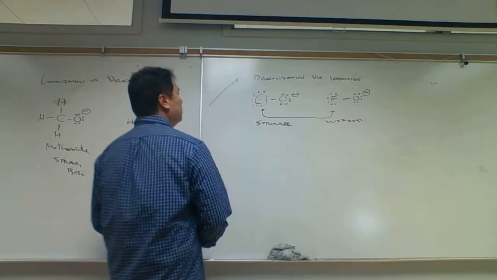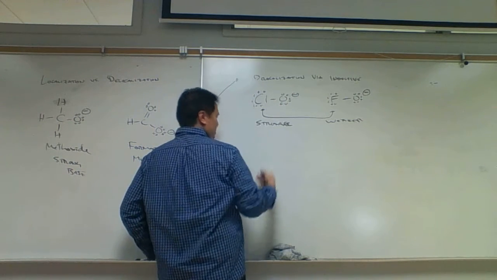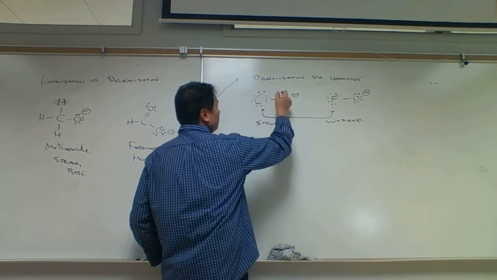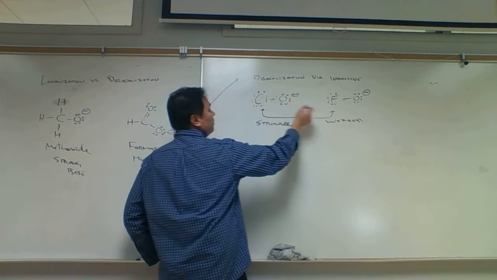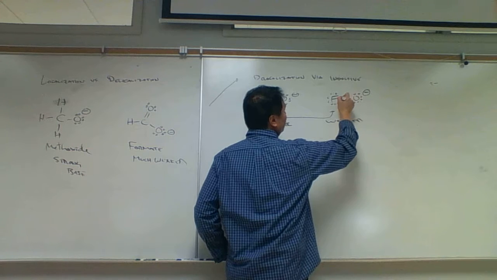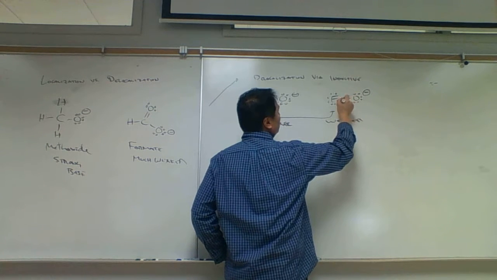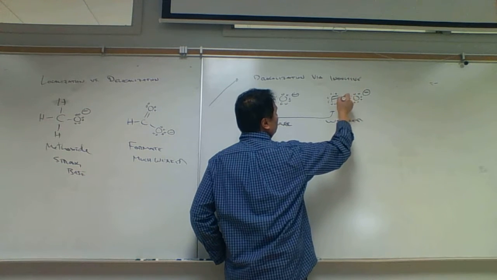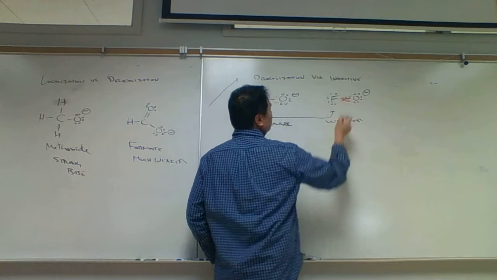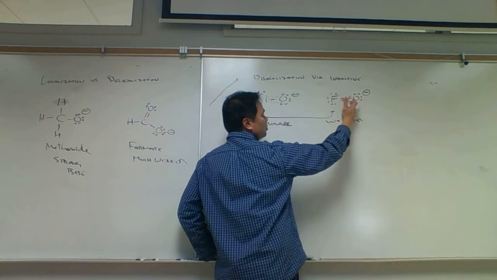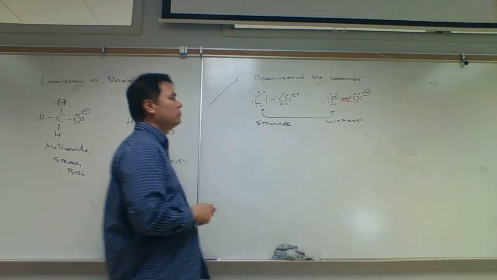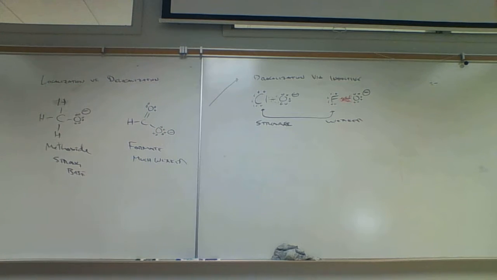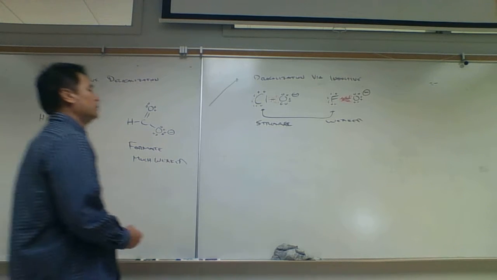Some of the negative charge density here is going to be pulled towards chlorine. But over here, fluorine is more electronegative, so it's going to pull more of the negative charge density. What that means is some of the negative charge is going to be pulled in, and therefore it's going to weaken the basicity.